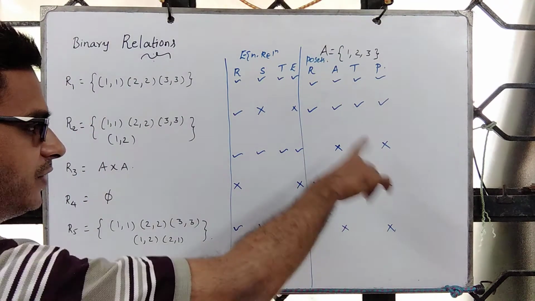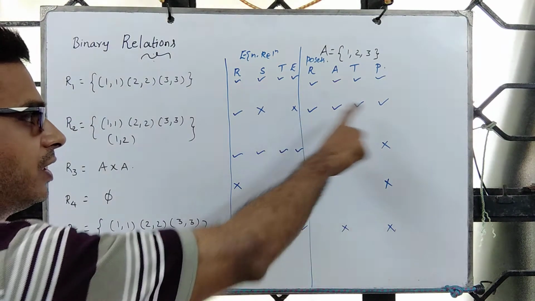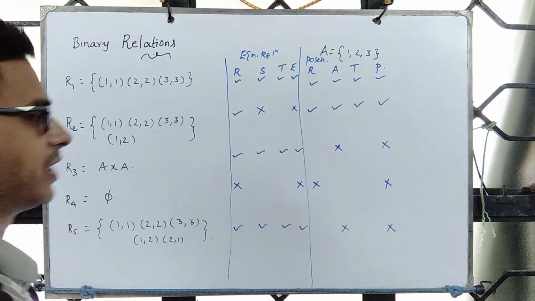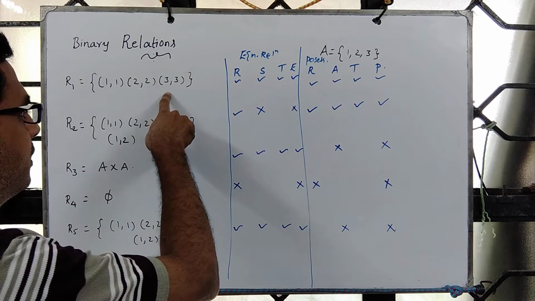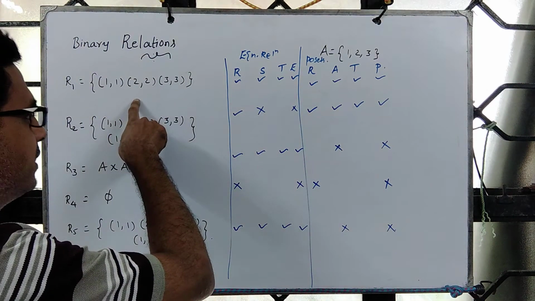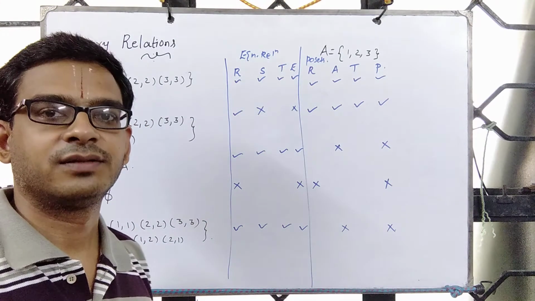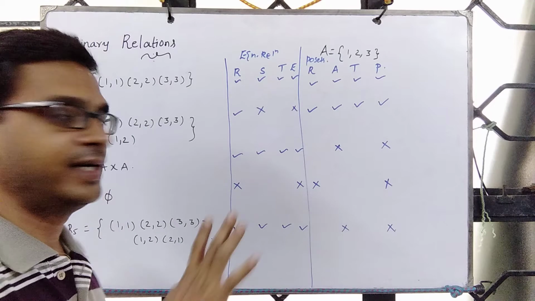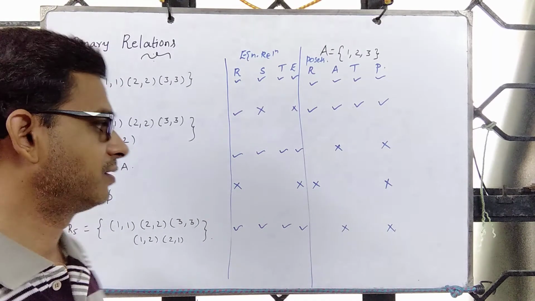In all of the other cases, it is either an equivalence relation or a partial order, but not both. So apart from this, if you find just (a,b) and (b,a) is not present, then it is antisymmetric, it is not symmetric, so it will not be an equivalence relation.